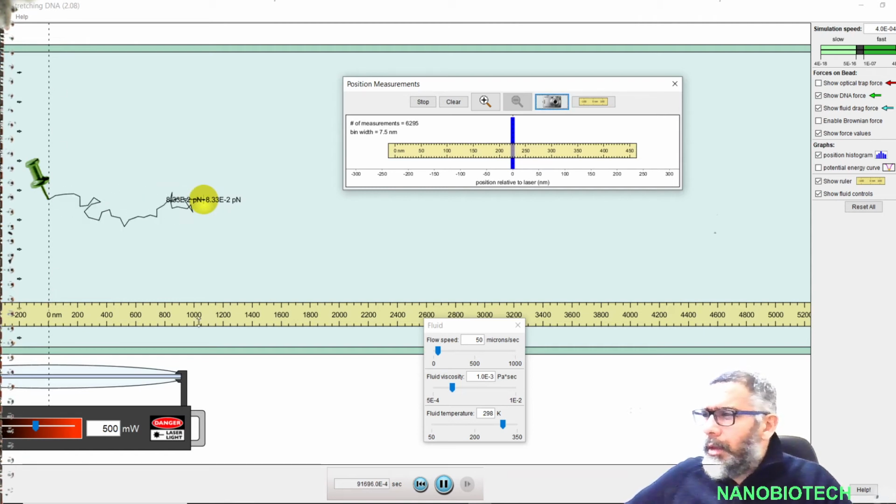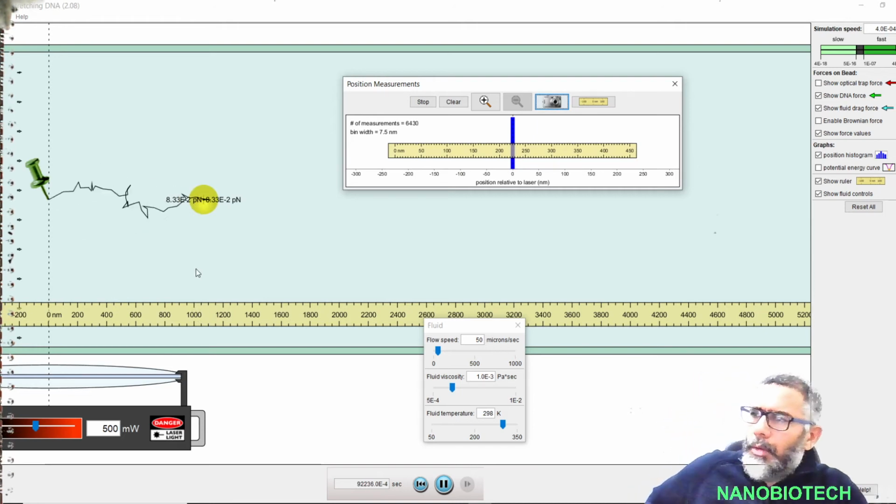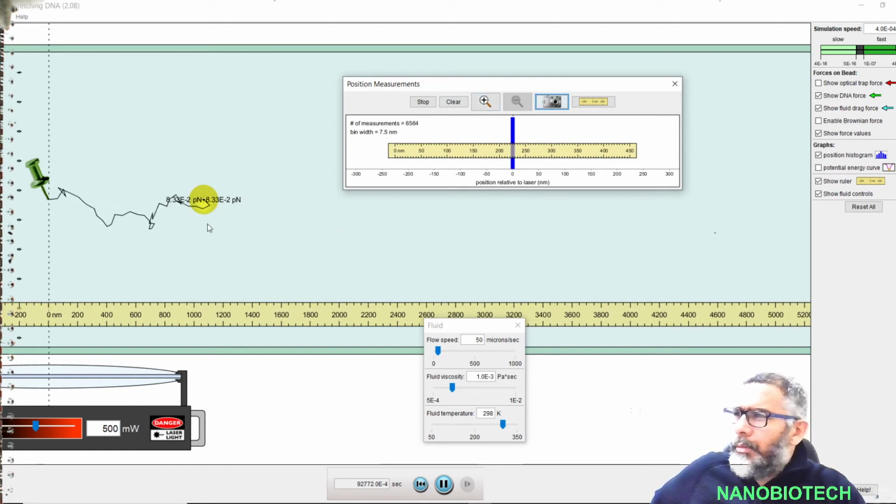Since we are way out of 300 nanometers, somewhere more than 1000 nanometers, it is out of the scope of this, so you cannot use this one anymore to measure the location, but you can use this larger ruler anyway.